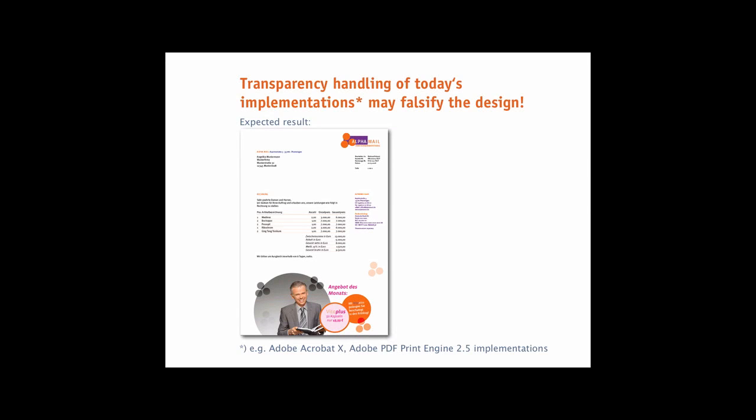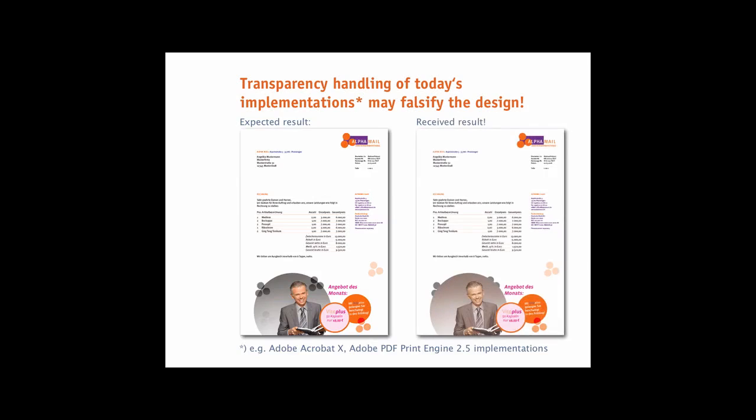But what you will see now is what happens in today's implementations. This is the expected result, of course. You see all the circles, everything is fine. The color is not very good here due to the projection. This is what happens if you use these systems.